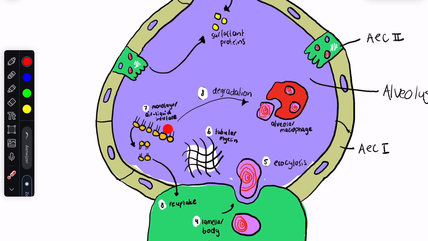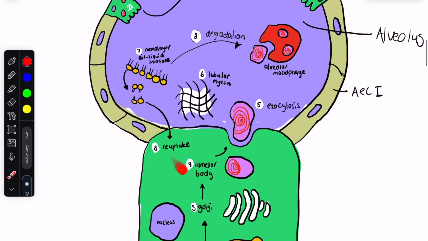They can be taken up by another lamellar body that is destined to be degraded by an alveolar macrophage, which will take them up and degrade them. Or these phospholipids can be reused, so they are taken back up by the alveolar epithelial cell type 2, where they will be used again for the production of surfactant.